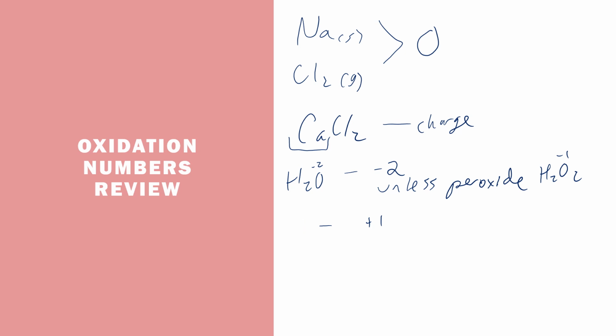An example would be the water molecule, where hydrogen has a +1 oxidation state. The exception would be a metal hydride, something like NaH, where the hydrogen would be -1. That does not come up often at all. And then finally, anything else you would have to make it add up. All the oxidation numbers add up to the charge on the compound.